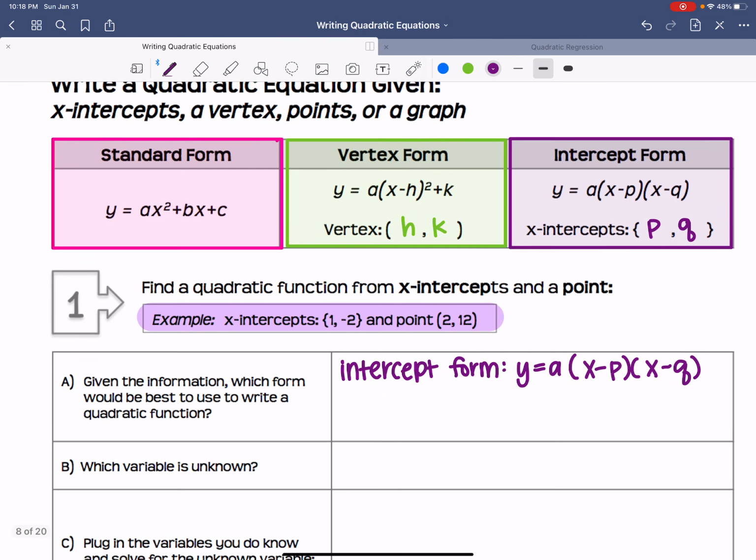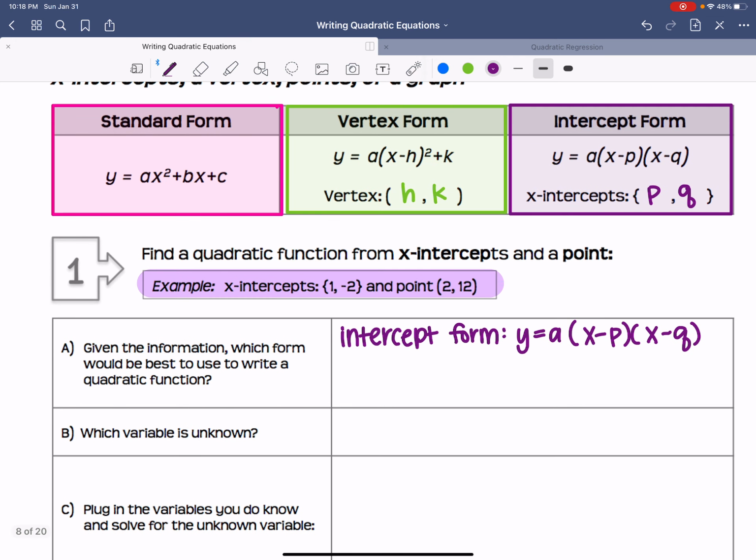So then we want to know, well, what information do we know about this equation and what information do we need to know? Well, I'm going to plug in all the information that I'm given: an x value for the x-intercept and another x value for the x-intercept. So 1 and -2 are my x-intercepts, and my point is just an xy point on the graph.